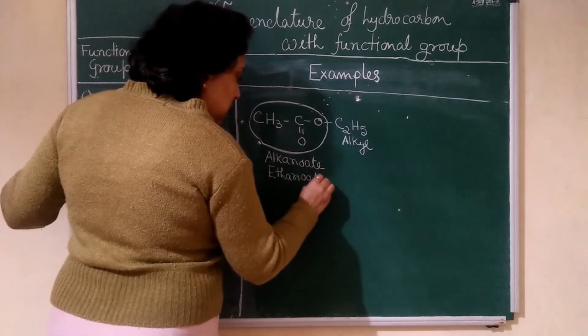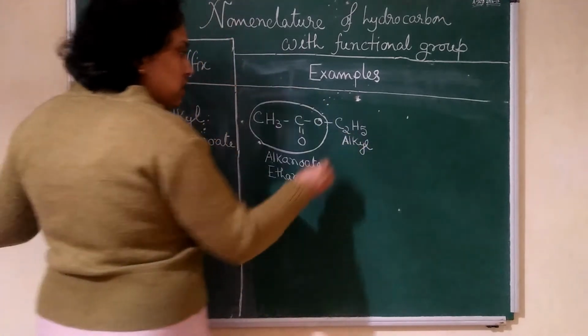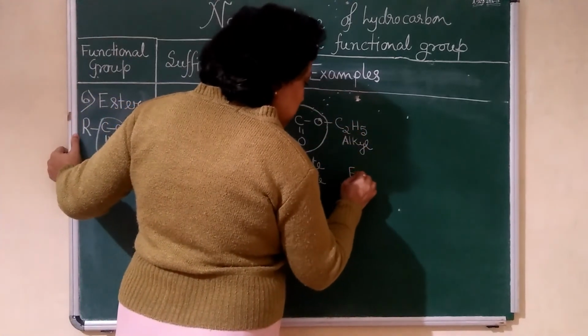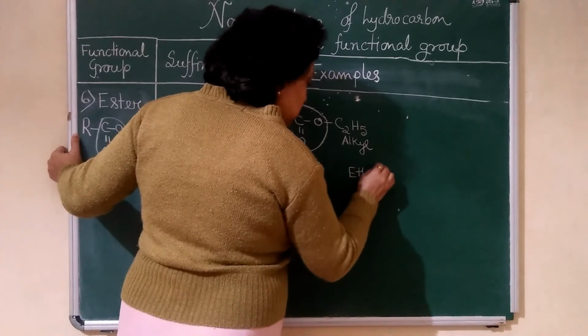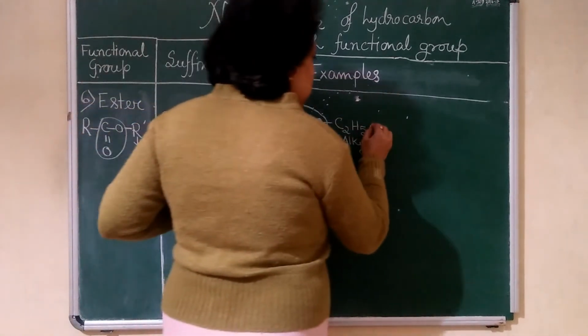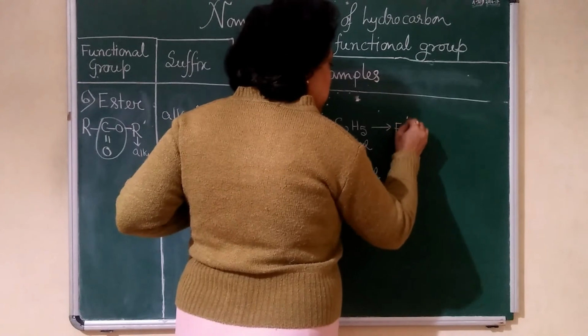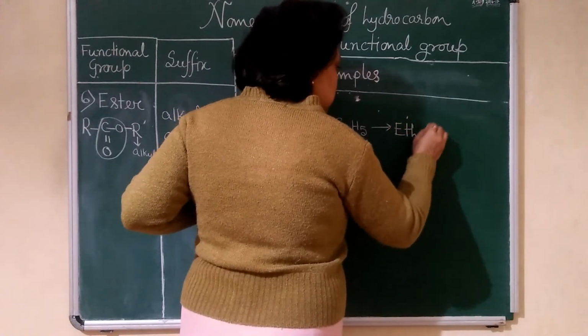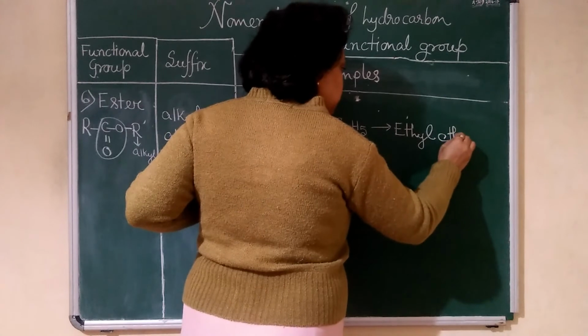And this side is also 2 carbon, so it is ethyl. So the nomenclature will be ethyl ethanoate.